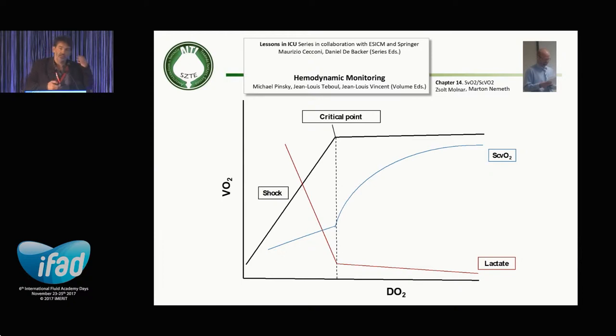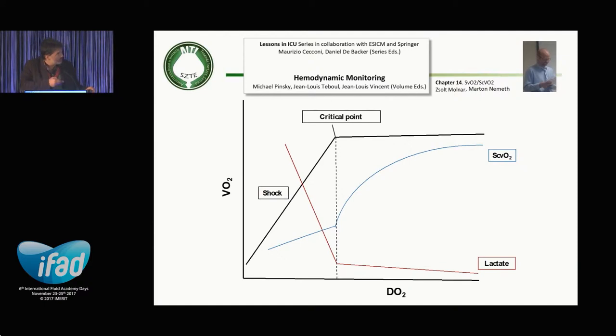However, beyond a critical point, all the compensatory measures become exhausted, and any further drop in oxygen delivery will result in lack of oxygen in the tissues. And this can be detected by an increase in lactate. The process can be detected via a not very typical drop in SCVO2.